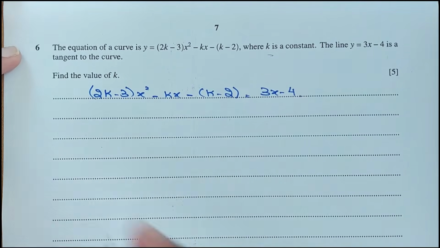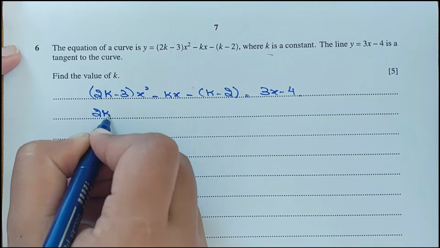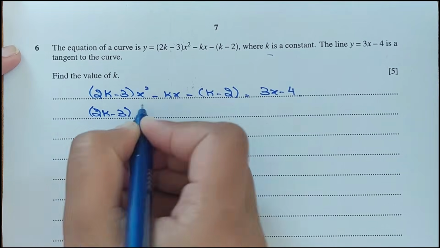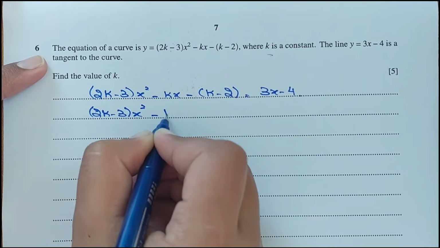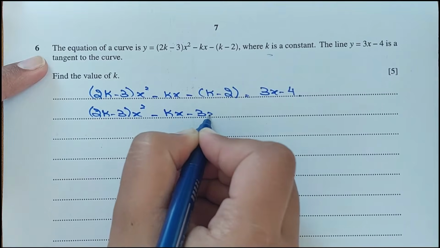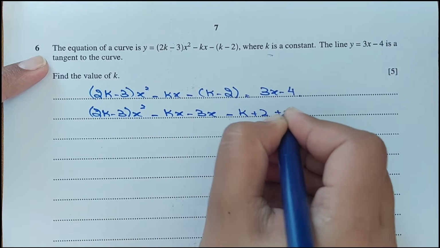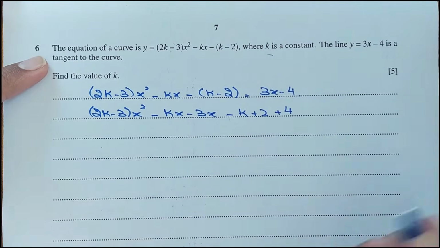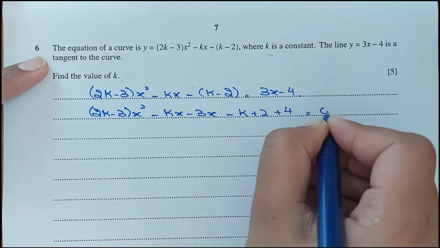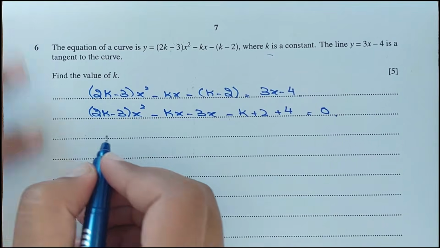Now let me simplify this. (2k minus 3)x square minus kx minus 3x minus k plus 2, and shifting the 4 over here, plus 4, equals 0, right?